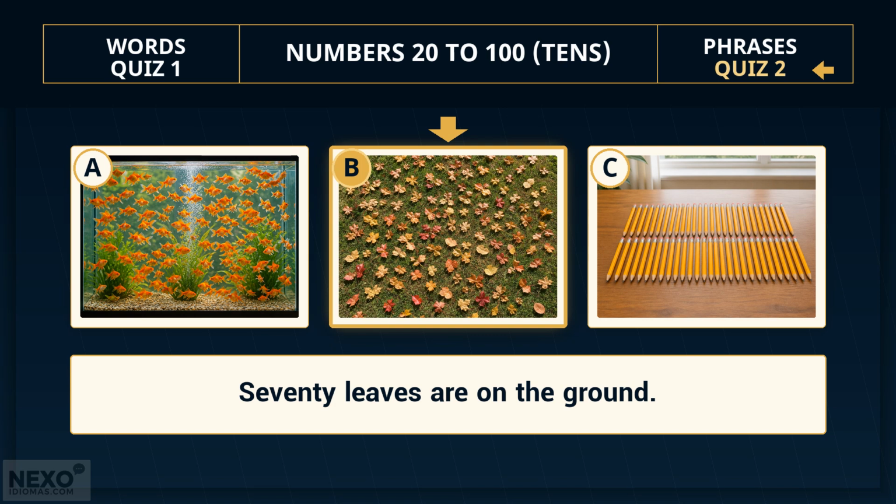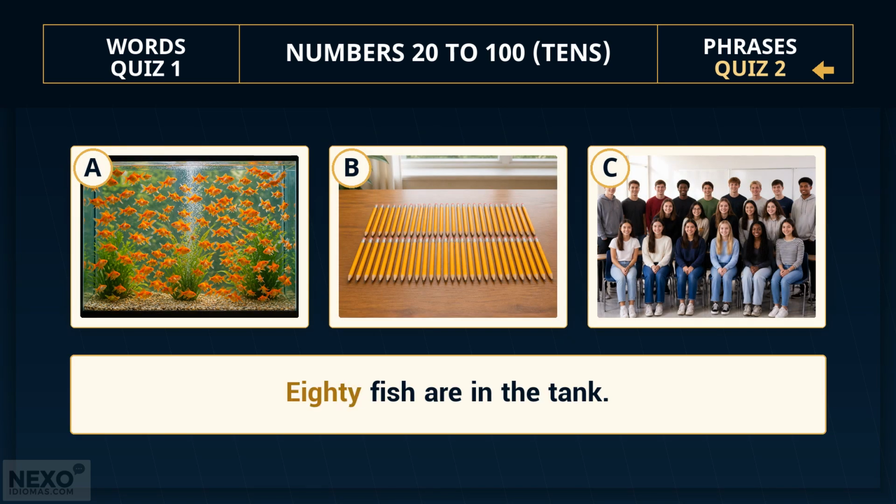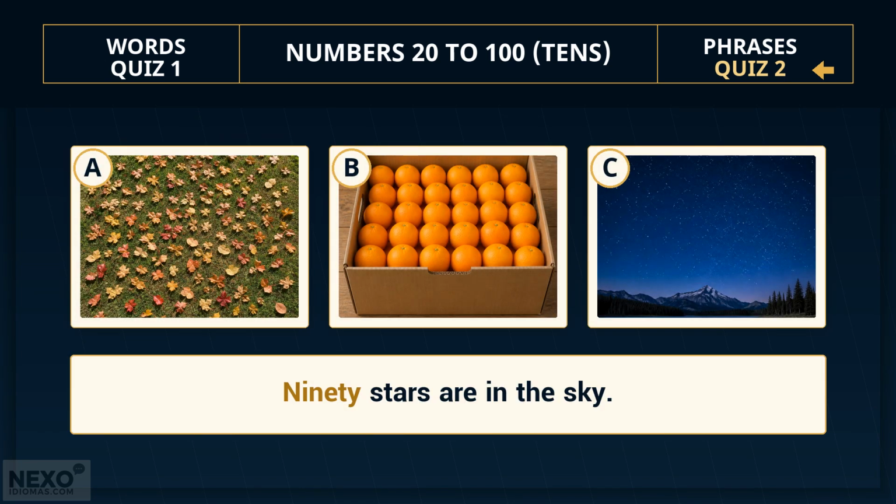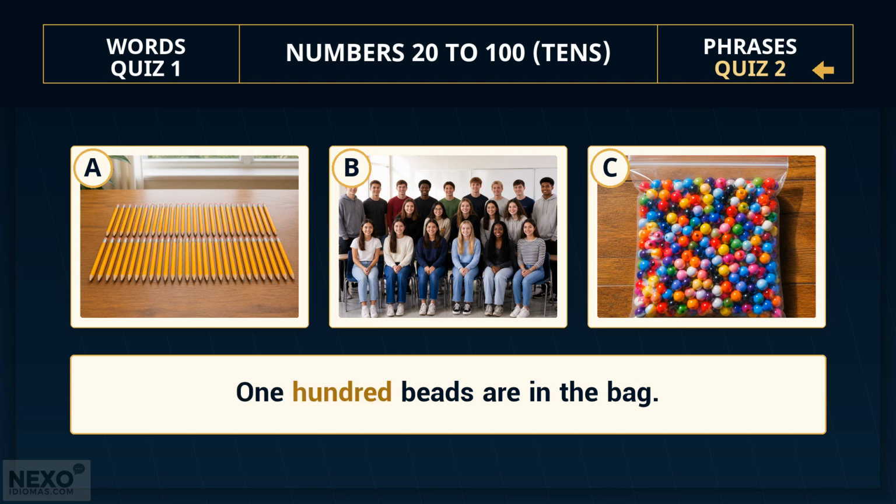B. 80 fish are in the tank. A. 90 stars are in the sky. C. 100 beads are in the bag. C.